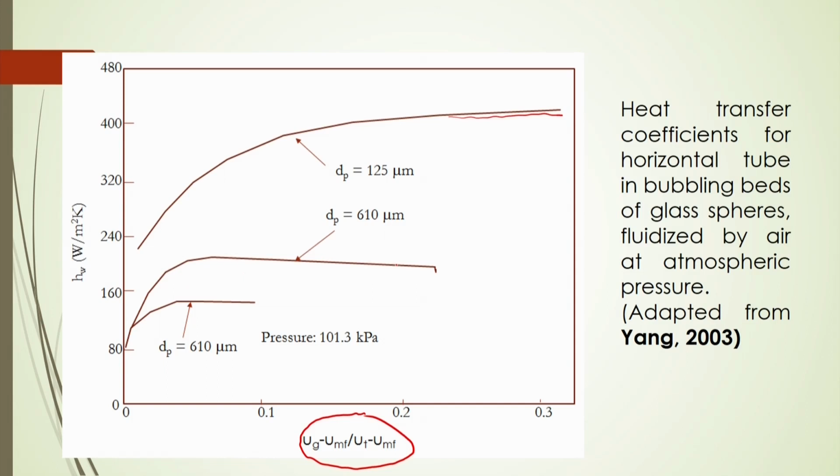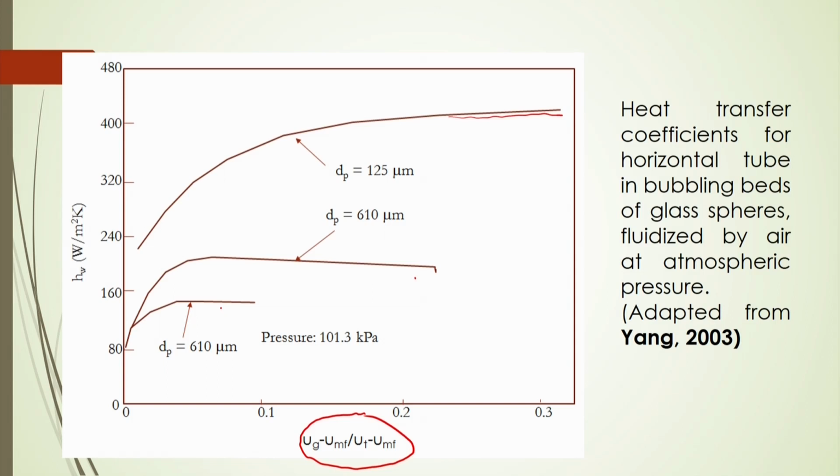Here again the same trend comes. So, with this value the heat transfer coefficient increases and then comes to saturation, with no further increase. Whereas the heat transfer coefficient increases with decreasing particle diameter because of the surface area.